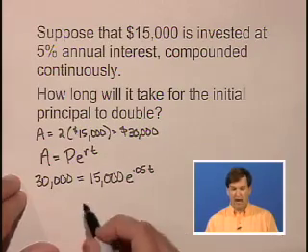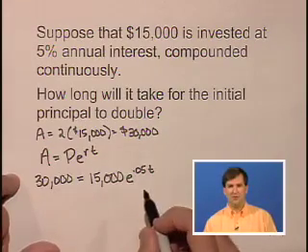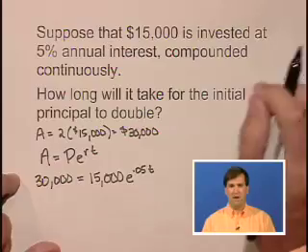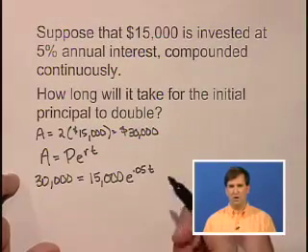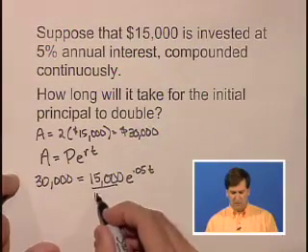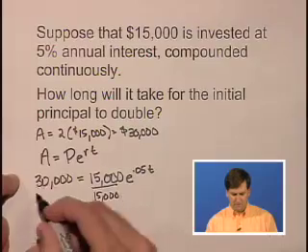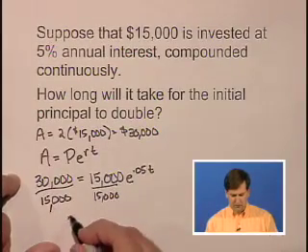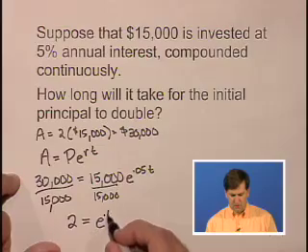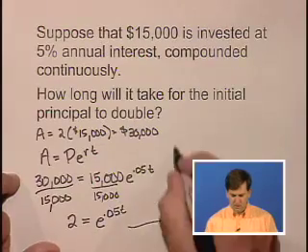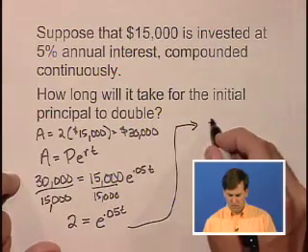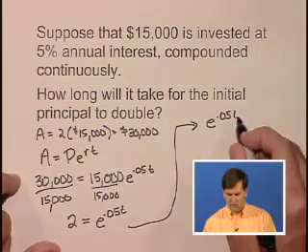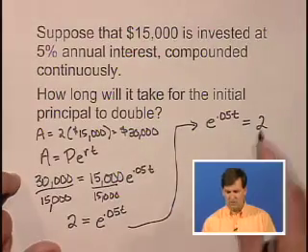So in order to get this into an exponential form, where it's just e to some power is equal to some number so that I can use logarithms, I'm going to divide both sides by 15,000. So we get 2 is equal to e to the 0.05t, or rather e to the 0.05t is equal to 2.